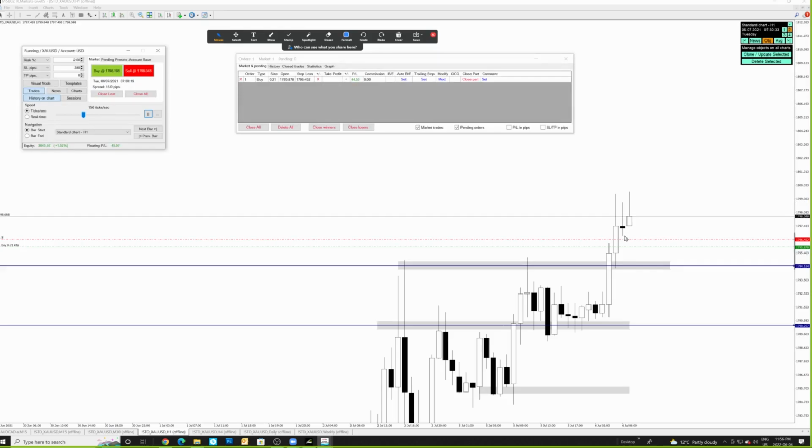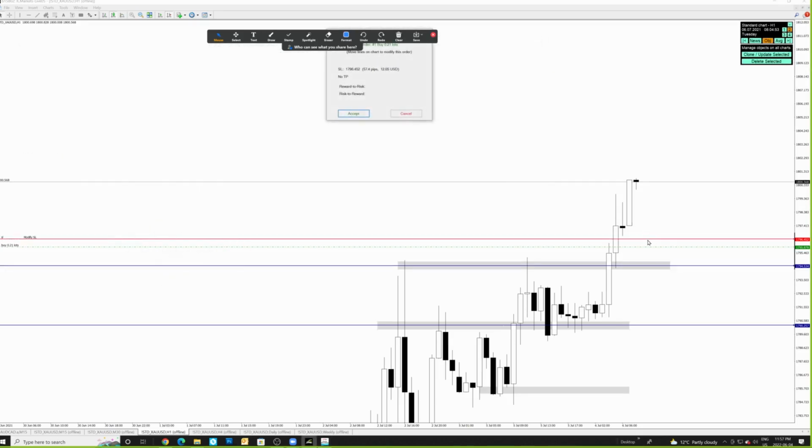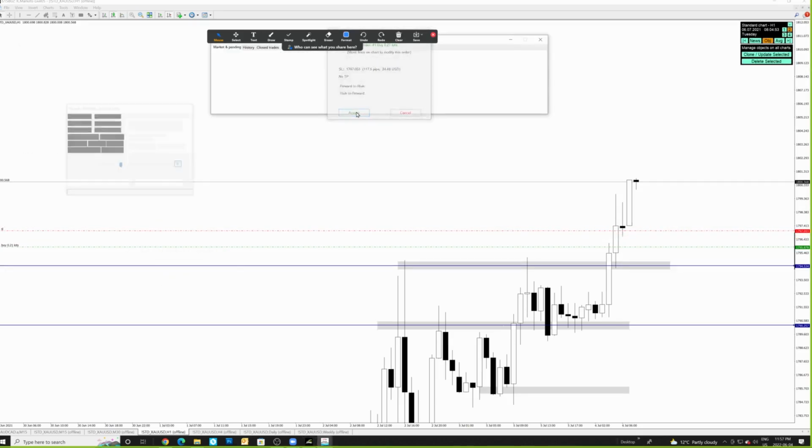So let's see here now. This is pre-London, and pre-London volume, we have clean candles to the left hand side. See where the 1 hour candle has closed? Now we can further move our stop below the candle.